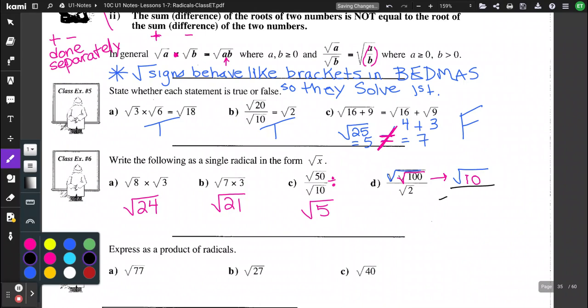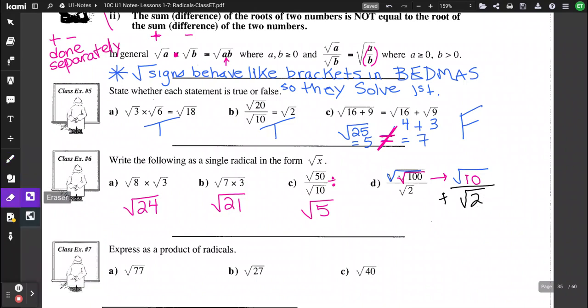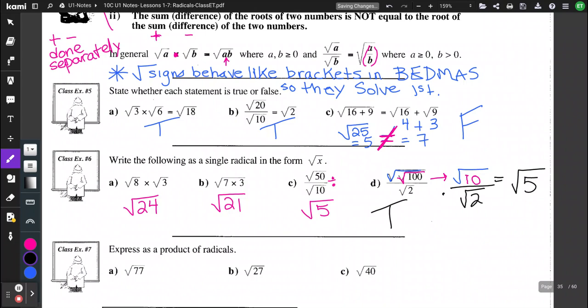So we're dividing by root 2. Does 10 divide by 2 evenly? Yes, it does. So we will divide it evenly and get root 5. Okay, so that's a true statement. Oh, we don't need to tell if it's true or false. We did, though.